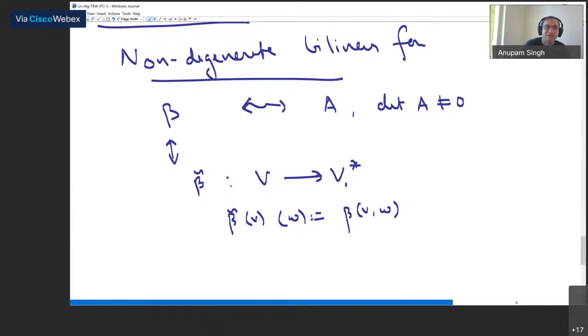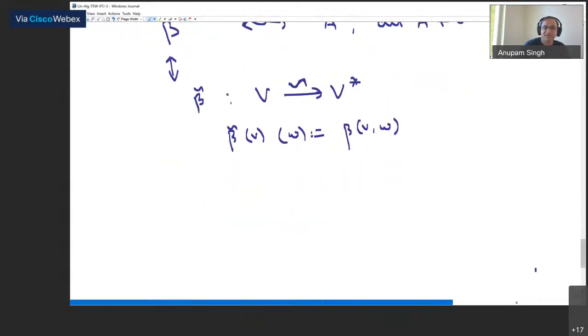So it's a linear functional. So it lands inside V star. Then this map is an isomorphism. So this is the meaning of non-degeneracy, that this map is an isomorphism. In general, this map is always defined for any bilinear form, but it may not be an isomorphism. So the isomorphism is related to it being non-degenerate. Okay. So this requires some verification, so one can do that.